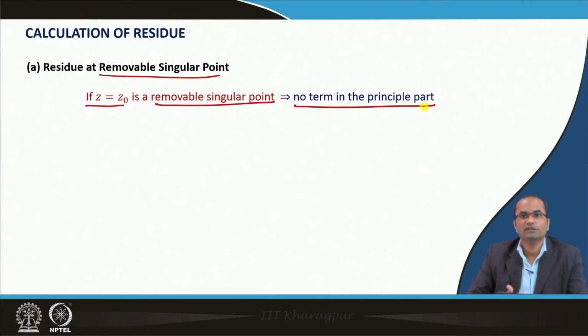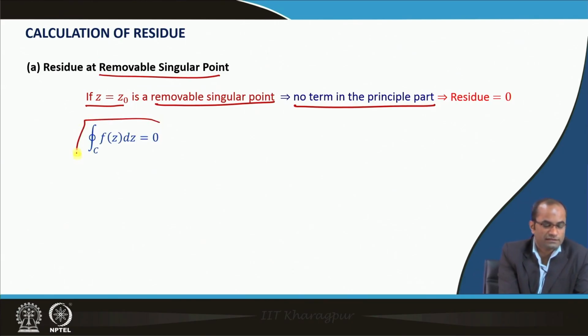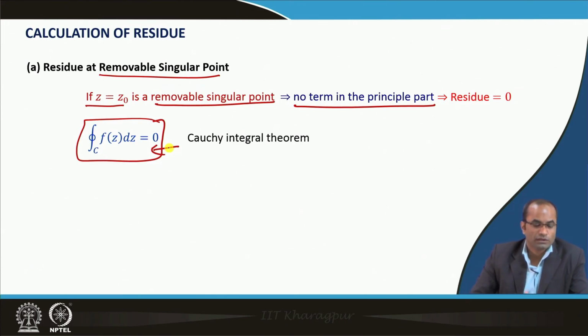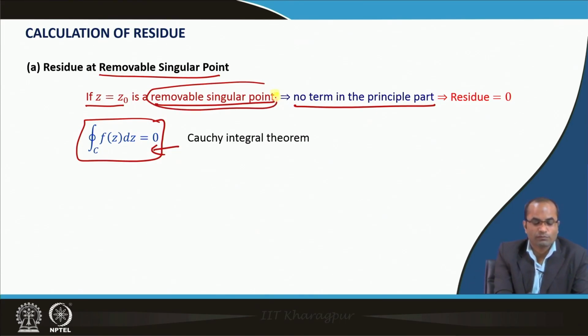So naturally b 1 is going to be 0, and that means the residue is 0, which clearly says that the integral over a simple closed curve which encloses the point z naught is going to be 0. The Cauchy integral theorem also gives us this result when we have a removable singular point. That is the important point to be noted.